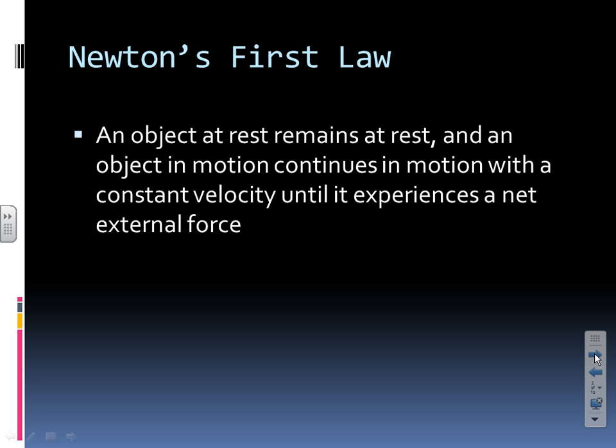So, Newton's first law has two parts. The first part is pretty good: an object at rest remains at rest. No problem, right? Everybody's pretty much in agreement with that. The second part is the one that takes a little convincing: an object in motion continues in motion with a constant velocity.